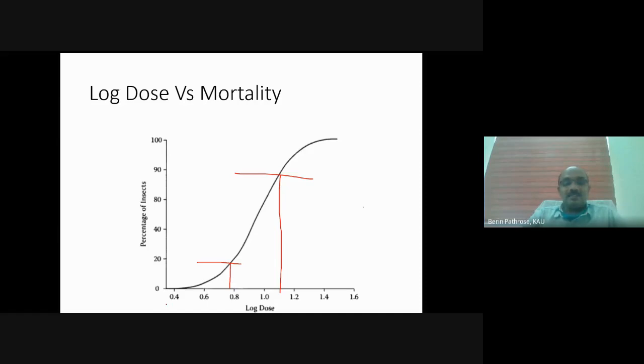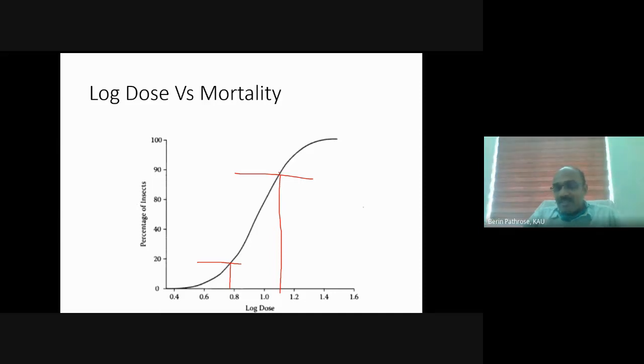But between 0 and 0.8 there is a variation of 0.8, and even then the change in mortality is from 0 to 20 only. But the change in dose from 0.8 to 1.1, a mere change of 0.3, changes the mortality from 20 to 90.